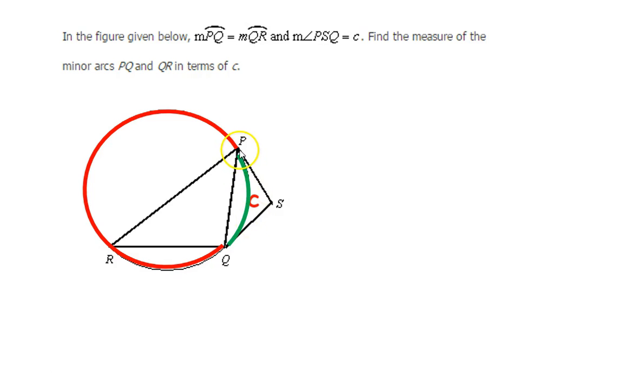And we're taking the difference because the vertex of the angle is outside of the circle. So the red minus the green has to be divided by 2, has to be equal to C. So this is what we're getting at here.